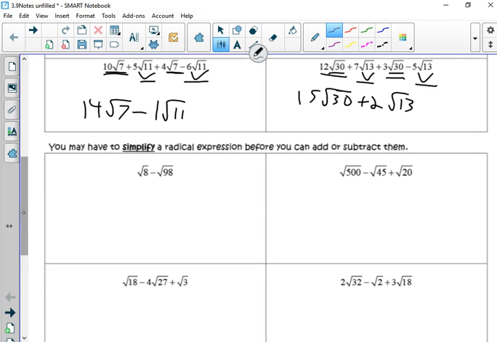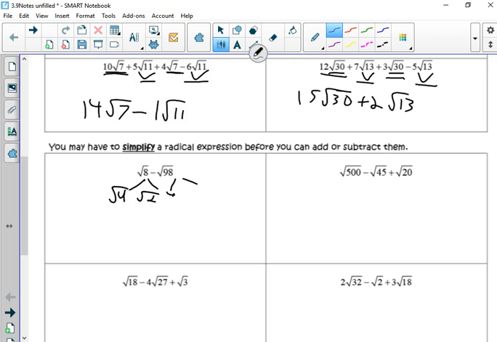Now, right now, you cannot add radical 8 and radical 98. They're not the same. I'm not trying to get super good, but if you simplify 98 and simplify 8, you might have something. So this breaks down to 4 and 2.